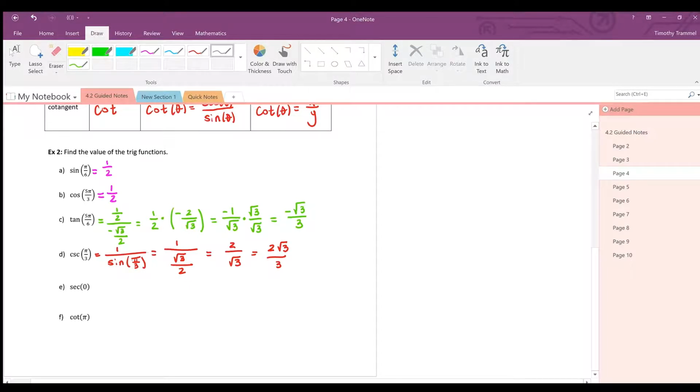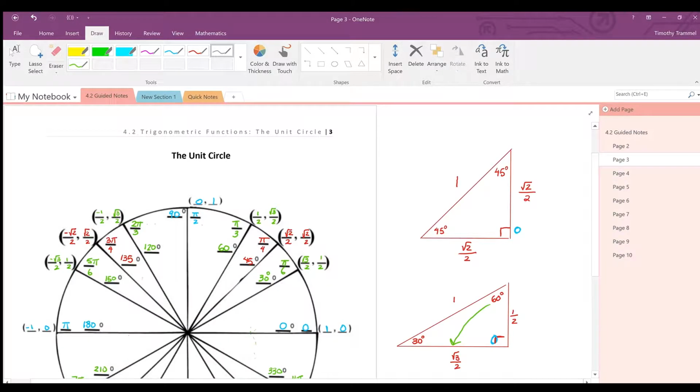All right, let's try secant of 0. So this one should be easy. We just need to find 0 degrees or 0 radians on the unit circle. And right, secant is 1 over cosine, so we want 1 over the x value. So we're looking right here, 1 over 1.